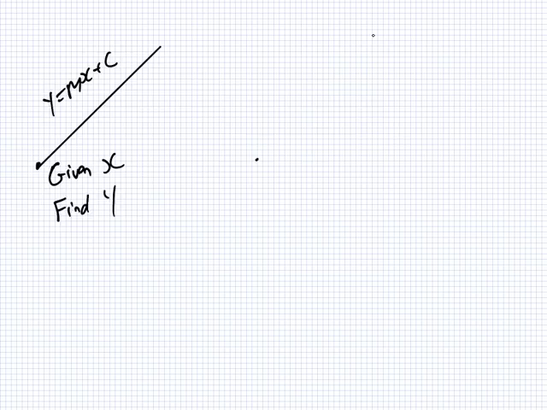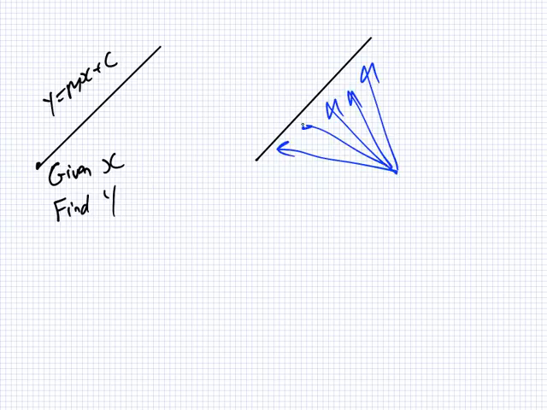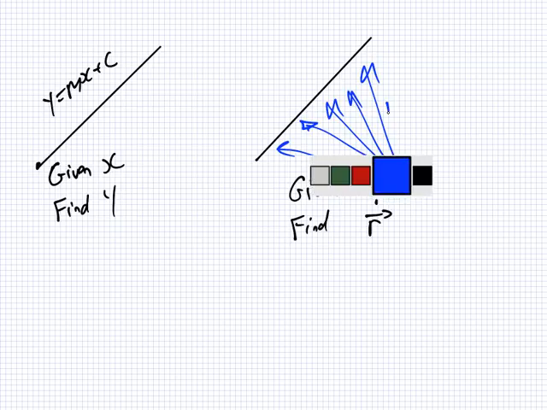Whereas here, given something, I won't say what at the moment, we want to find OR, where OR is the letter I give to the vectors that point to the line.